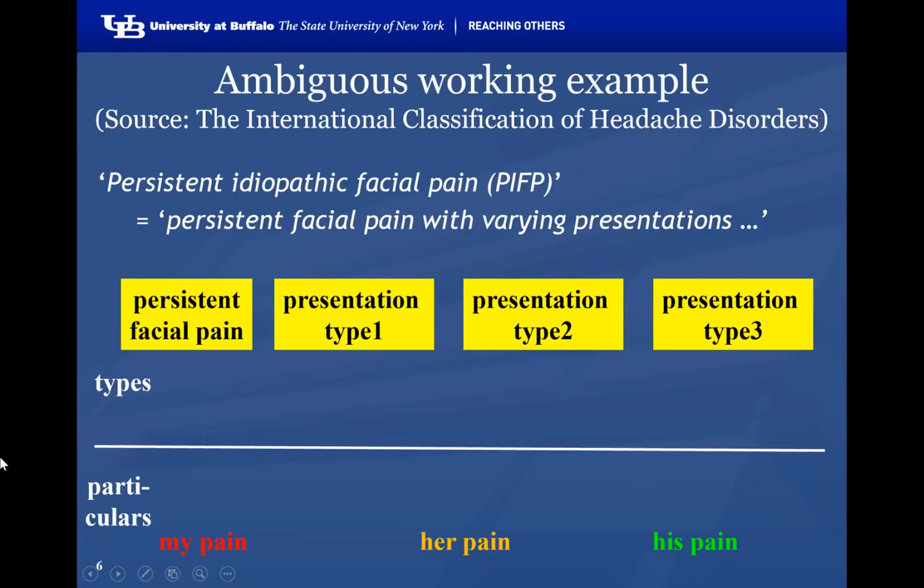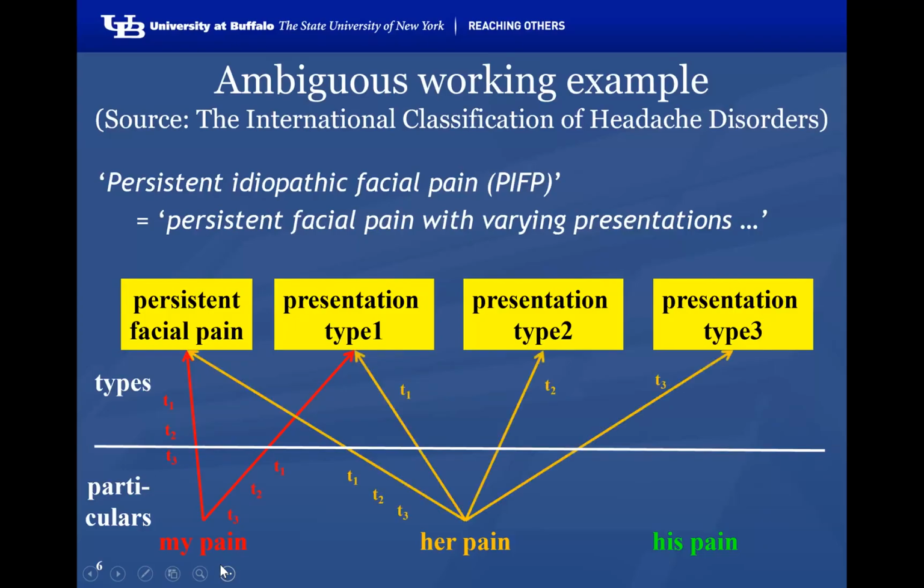So all of them have pain. But one, which I call my pain, has persistent facial pain, but always of the same presentation type 1. Her pain is such that it is always persistent facial pain, but one time it is of type 1, another time of type 2, another time of type 3, and so on.